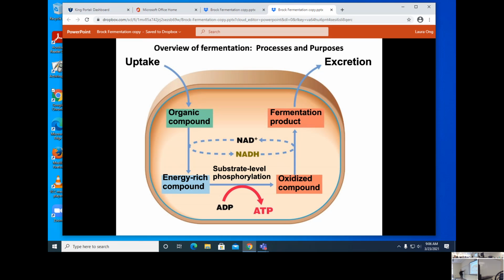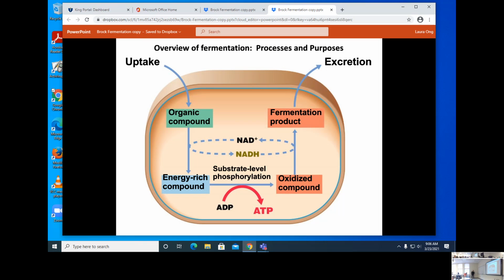So what fermentation really is, is making a place to put electrons, get those electrons off of NADH so that you rebuild NAD plus and you at least keep glycolysis going and make a little bit of ATP.